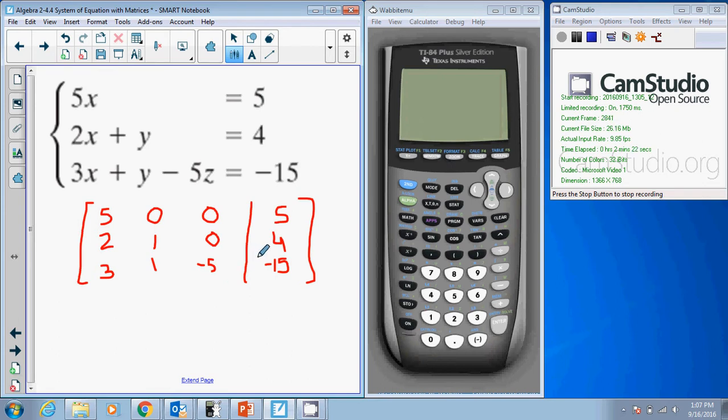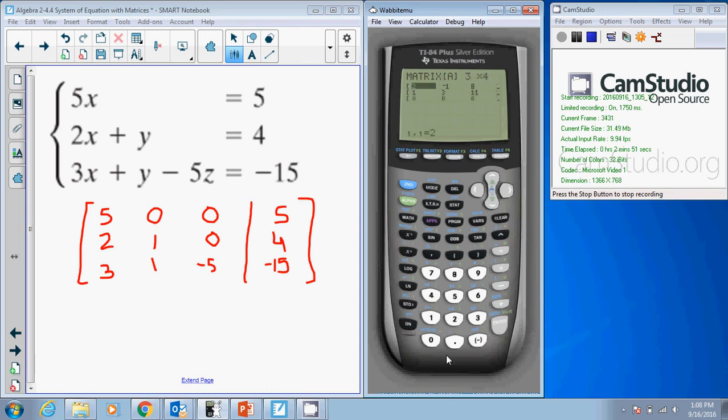From here again we're just typing our matrix that we created into our calculator. So we're going to hit second matrix and we're going to edit our first matrix. Remember we enter row by column. So if we look at the matrix we developed, there are 3 rows and 4 columns. So I'm going to enter 3 by 4.